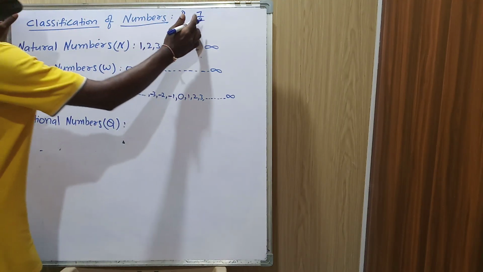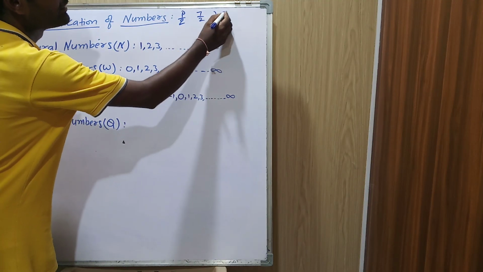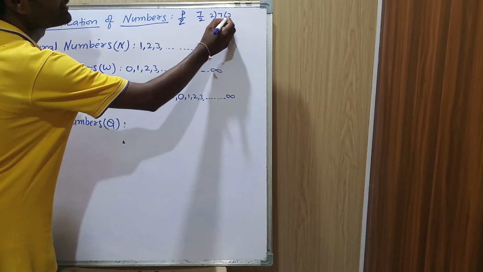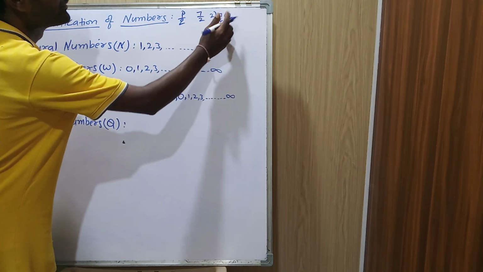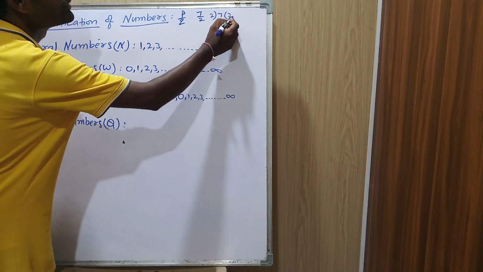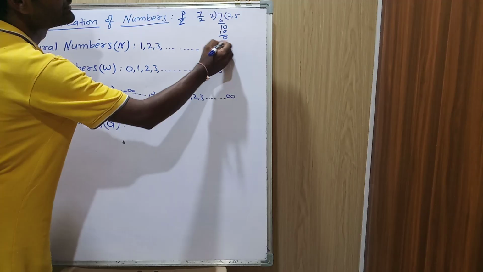Now, when you do division for this 7 by 2, 2 threes are 6. Next, 7 minus 6 is 1. Now, when you put the decimal point and 0, 2 fives are 10. Right.